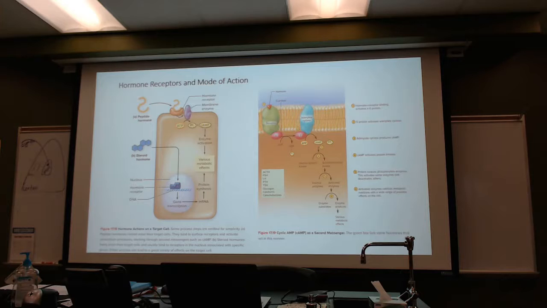If luteinizing hormone got released from the anterior pituitary, makes its way to the testes, it affects the interstitial cells to produce testosterone to help the sperm mature.